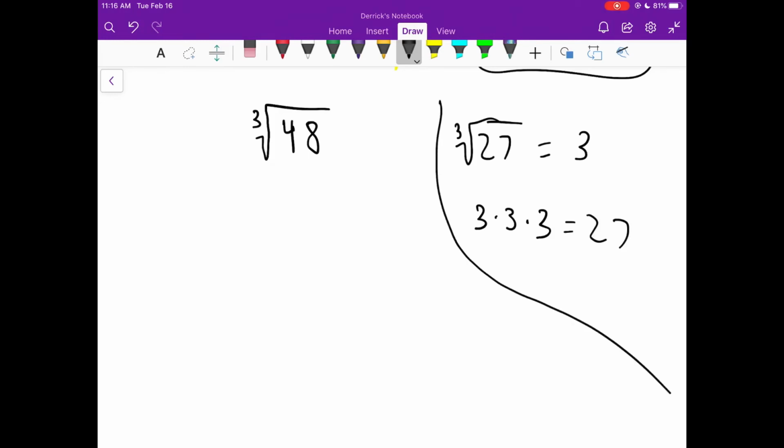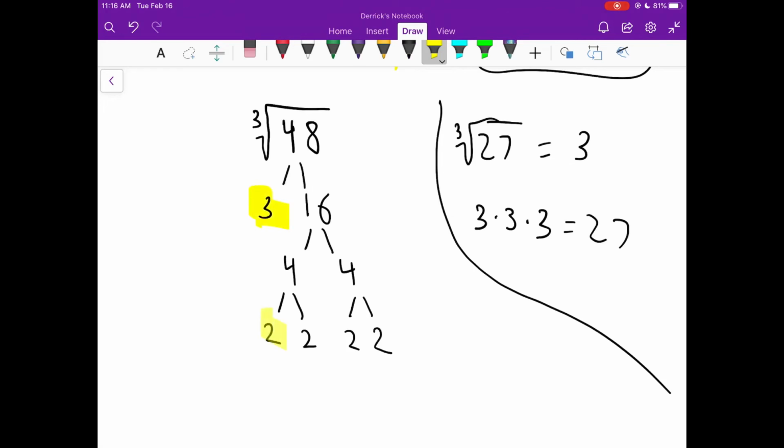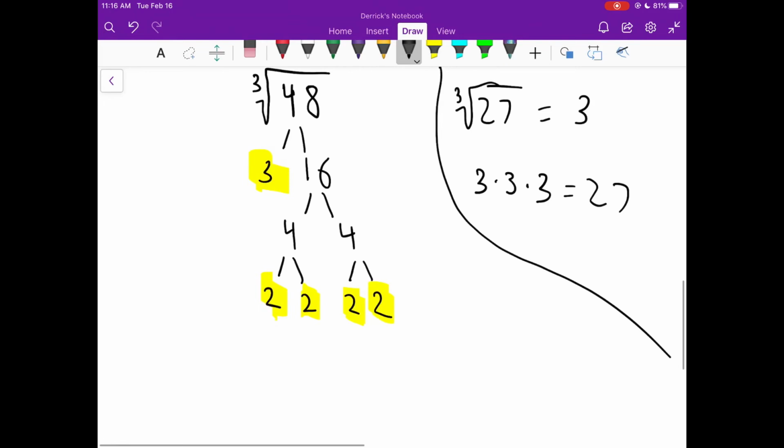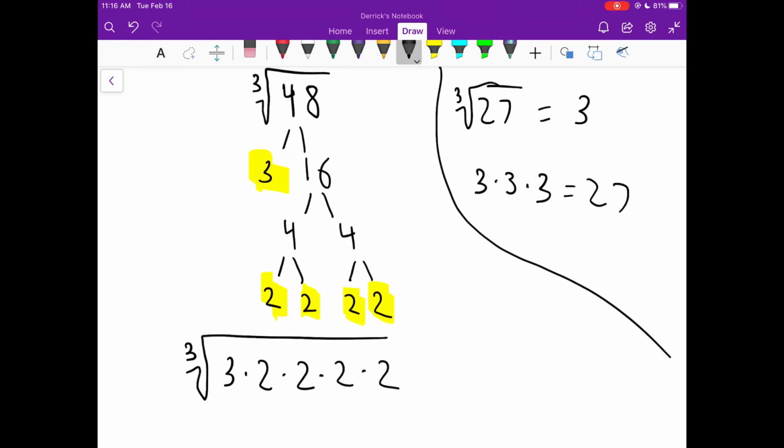And so if we think about it from that perspective, then we can break down 48 the same way we just did: 3 and 16, 4 and 4, 2 and 2, 2 and 2. And this time, when we write out our prime factors, instead of looking for pairs, because it's a third root, we are now looking for trios. And certainly we do have a trio here, because we have a group of 3 2's.